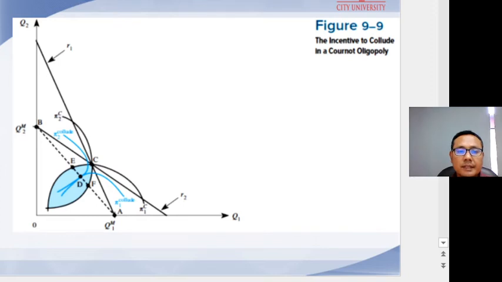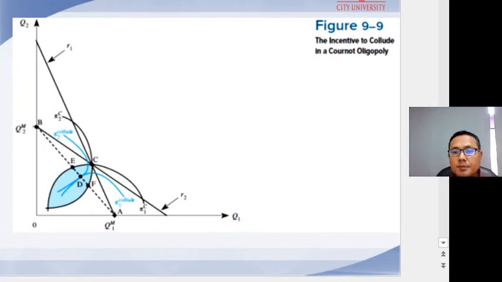In figure 9.9, the incentive to collude in a Cournot oligopoly, you can see point C corresponds to a Cournot equilibrium. It is the intersection of the reaction functions of the two firms in the market.